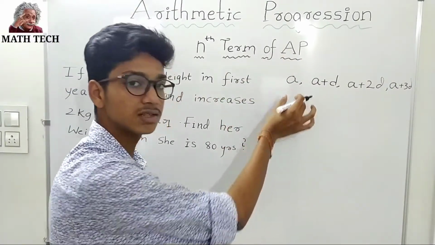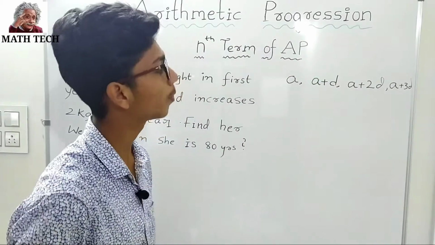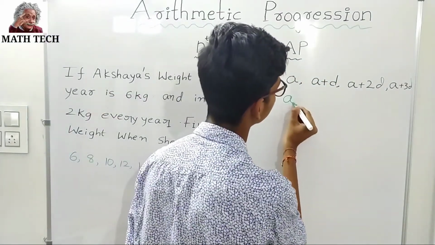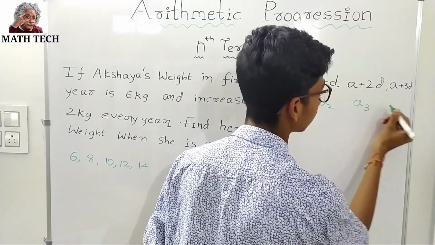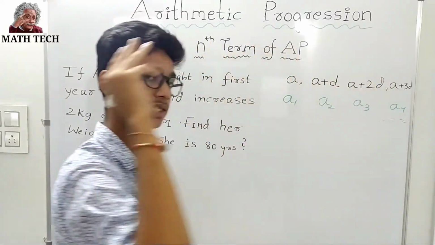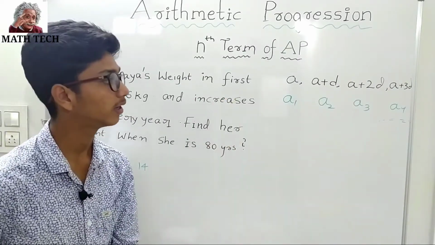This is the first term, second term, third term, fourth term. We denote it as a1, a2, a3, a4, a5, a6, a7, and goes on. Here we can catch a pattern.